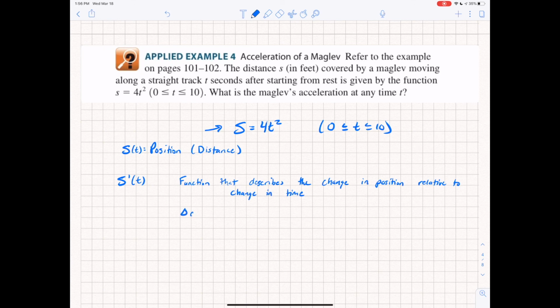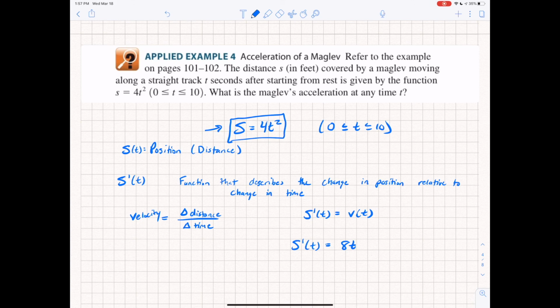In other words, change in distance over change in time. This is velocity, right? Displacement over time. And so what that tells me then is that the derivative of position is a velocity function. So if we derive this position function here, which is pretty straightforward, s prime is 8t.